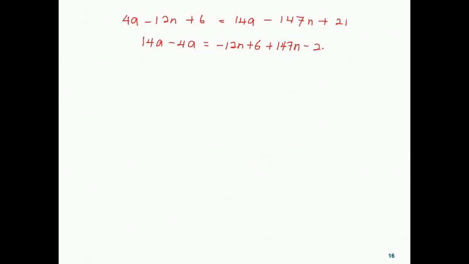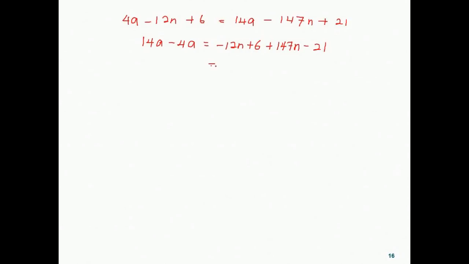So simplifying the terms, we have 4a minus 12n plus 6 is equal to 14a minus 147n plus 21. So 14a minus 4a is equal to negative 12n plus 6 plus 147n minus 21.